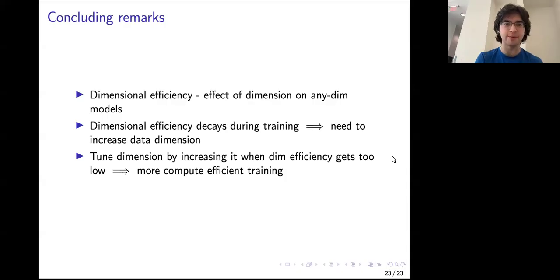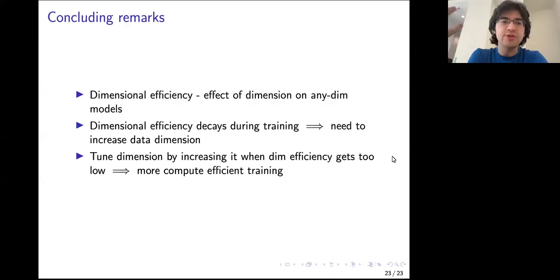And that provides a nice number that characterizes how much we're losing from using the smaller dimension. And this is a nice quantity, but the problem is that it decays during training, as we observe empirically in experiments. Basically, you can think of it as running out of information, like you've learned everything you can learn from the little, and you need to increase it to get more specific.